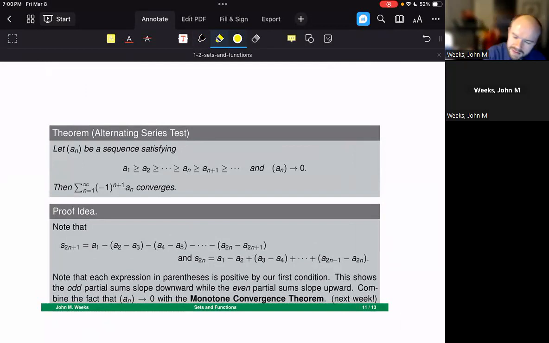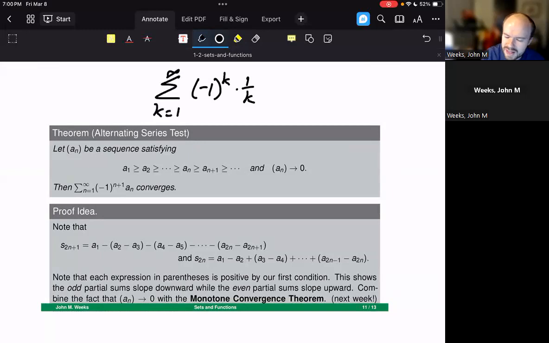You can take this sequence and say it's like -1 to the k times 1 over k, and let's take a look at the sum of this one. K goes from 1 to infinity, so that the elements of this are, for reasons of niceness, I'll put k plus 1 here, and I'll say 1 minus 1/2 plus 1/3 minus 1/4 plus 1/5 minus 1/6.